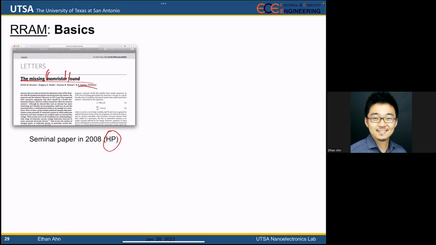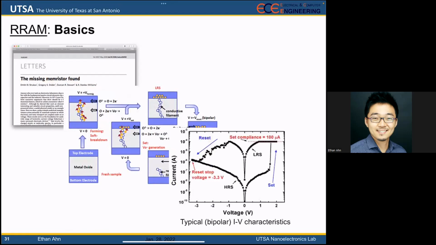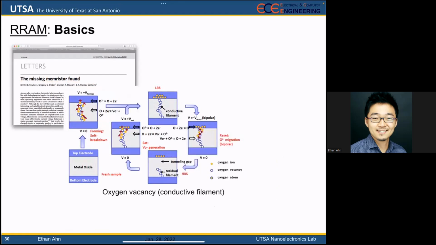Later on, of course, there was a lot of follow-up research, so right now we understand how it works, and we are able to fabricate and characterize devices. Just briefly, RRAM basically works on a reversible transition between the low resistance state and the high resistance state.